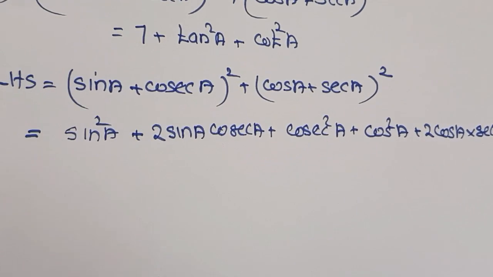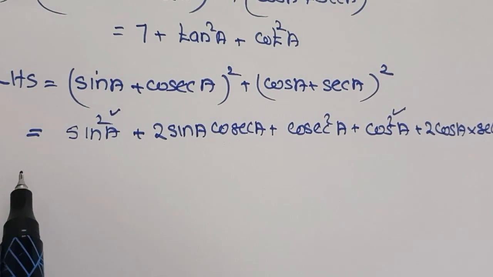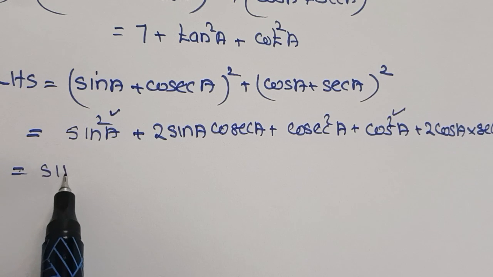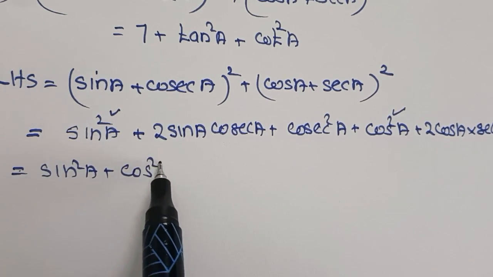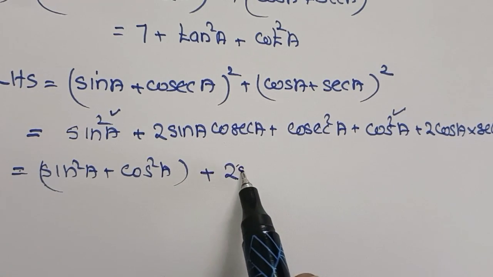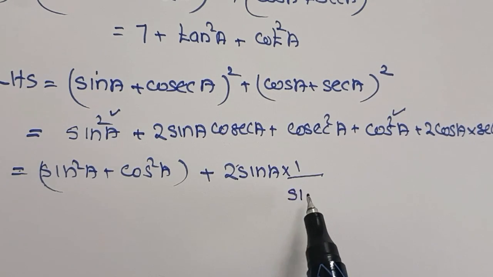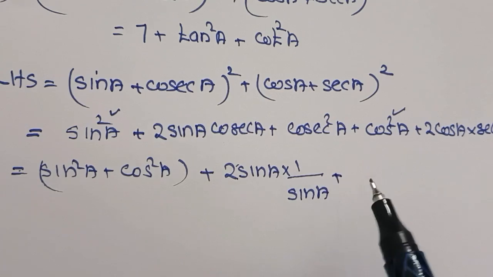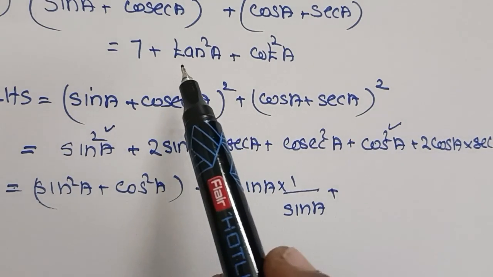Now take sin square A plus cos square A within bracket, plus now 2 into sin A into cosec A is same as 2 into sin A into 1 by sin A, plus we can replace cosec square A because in RHS cosec square is not there.